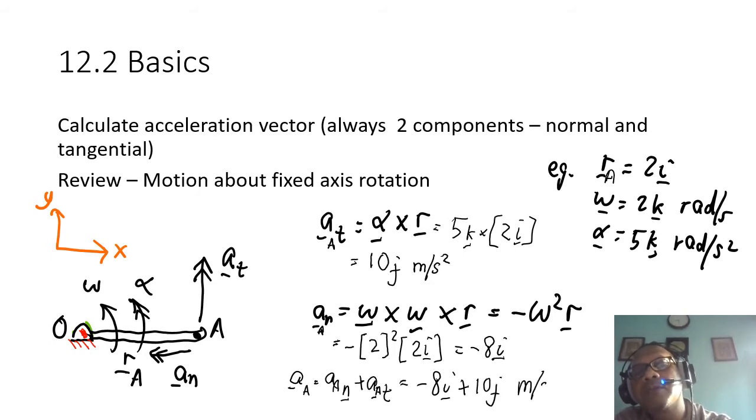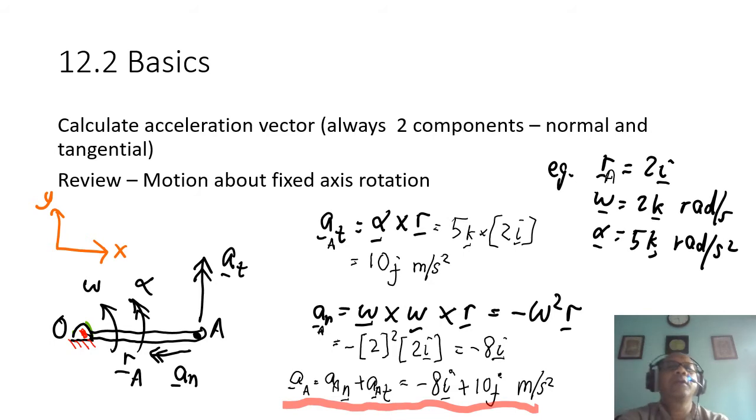After that we can put the units there. Minus 8i plus 10j meter per second squared. So that's our answer for the acceleration of A. It's a straightforward application of the system.